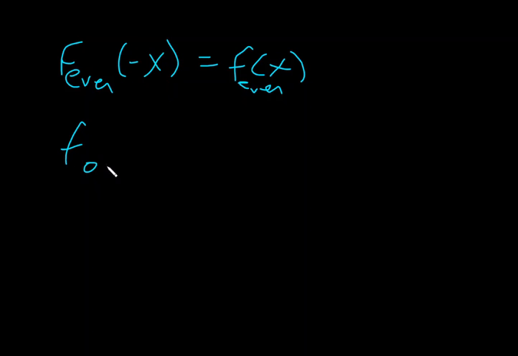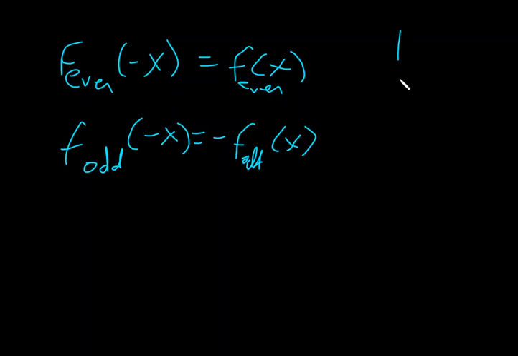Also, f odd, right? f odd of negative x is negative f odd of x, right? So for an even function, you plug in negative x, and you get the same thing, right? And that's sort of like a flip. A flip across the y-axis does nothing, right?